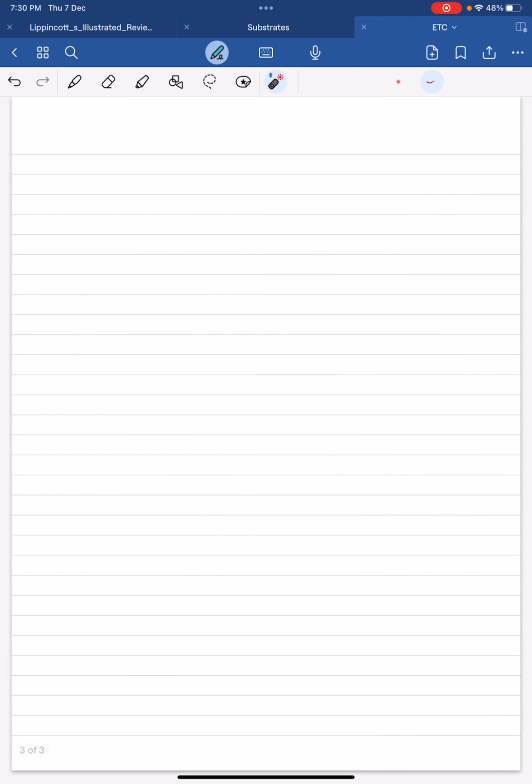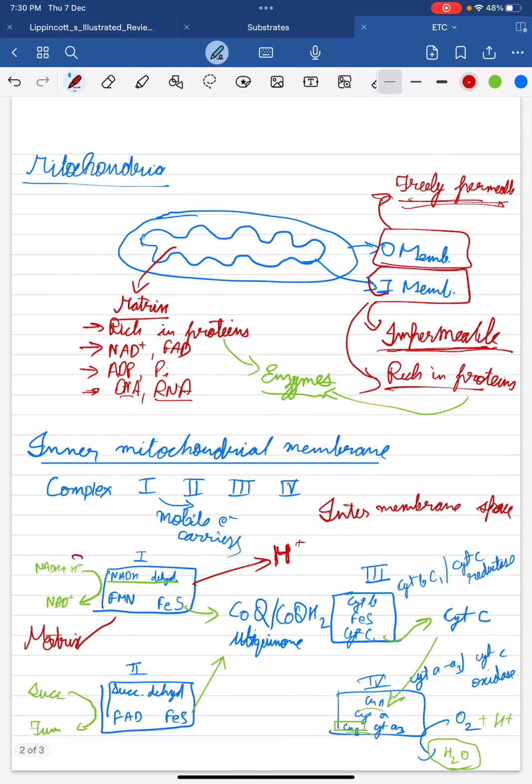Now, something special about this ETC is that there are certain inhibitors which act anywhere in the process, maybe here, or here, or maybe here.